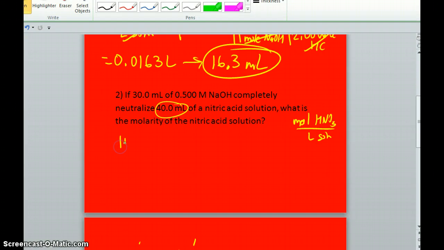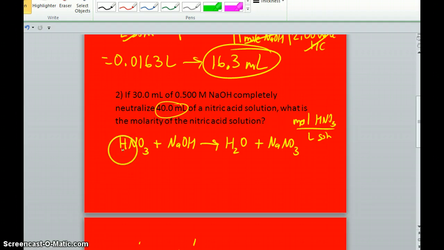But the reaction is the same, only my acid is different. I have a strong acid, nitric acid, reacting with a strong base, sodium hydroxide. The protons and hydroxides react in a 1-to-1 ratio. So I'll get 1 mole of water and a mole of aqueous sodium nitrate.